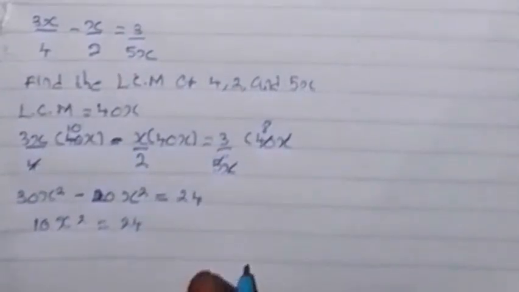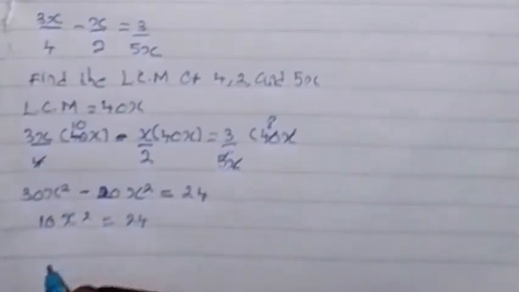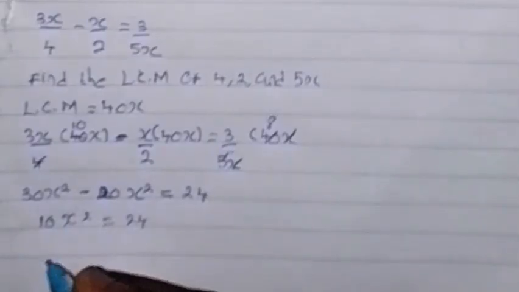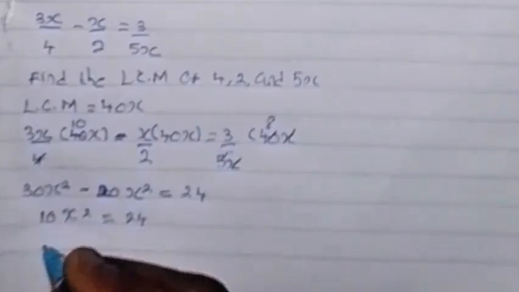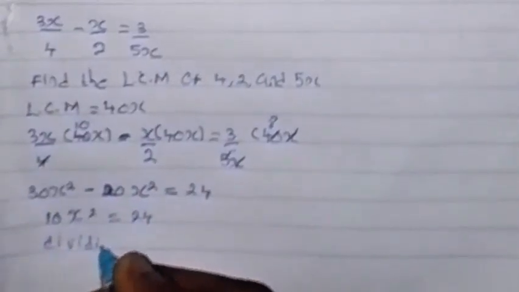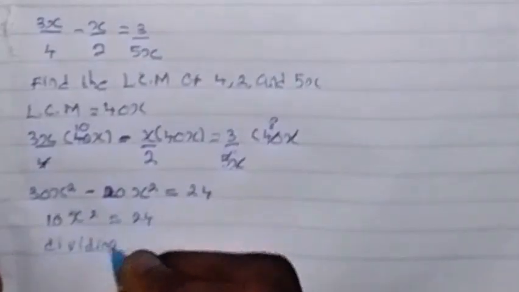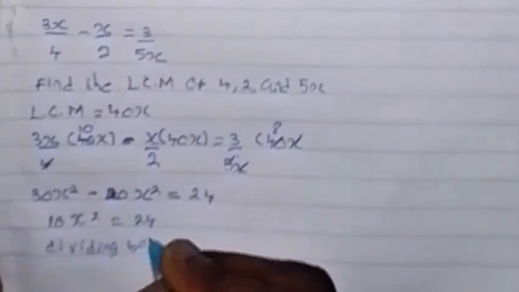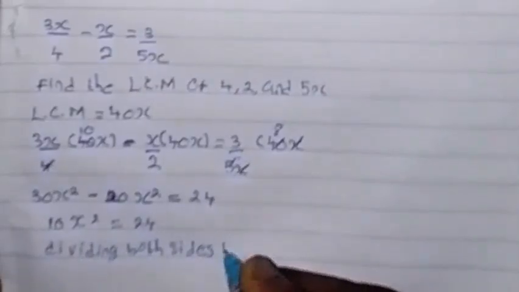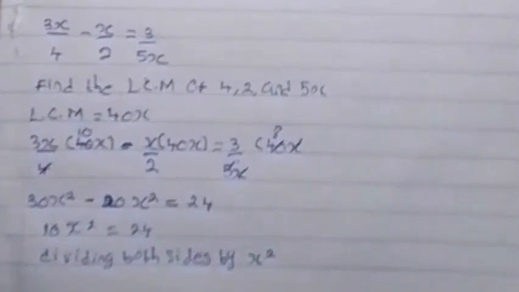The same thing we did before, we are going to divide both sides by the coefficient of x squared, in this case 10, so as to obtain x on one side. Dividing both sides by 10, we have x squared equivalent to 24 divided by 10.